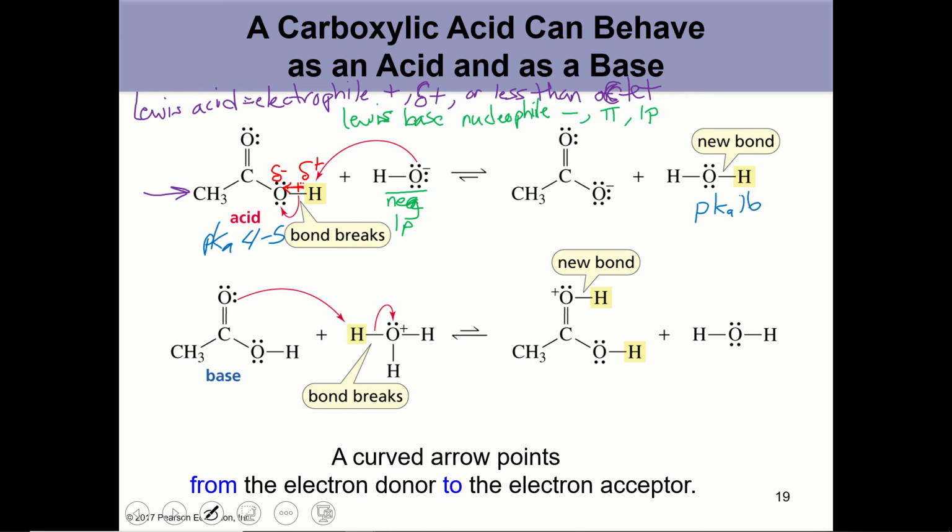And therefore, as the arrows show, the products as written, the products on the right, are favored in the equilibrium.